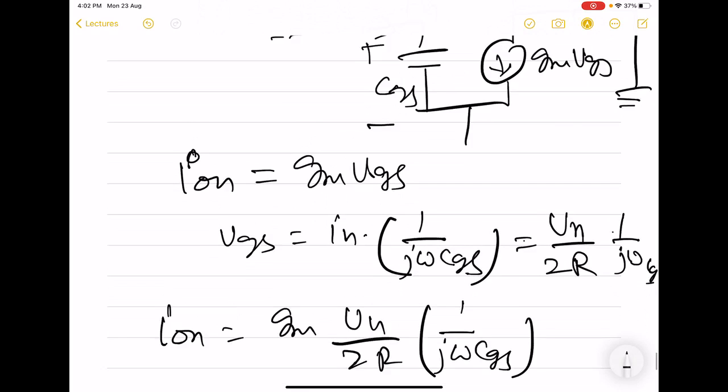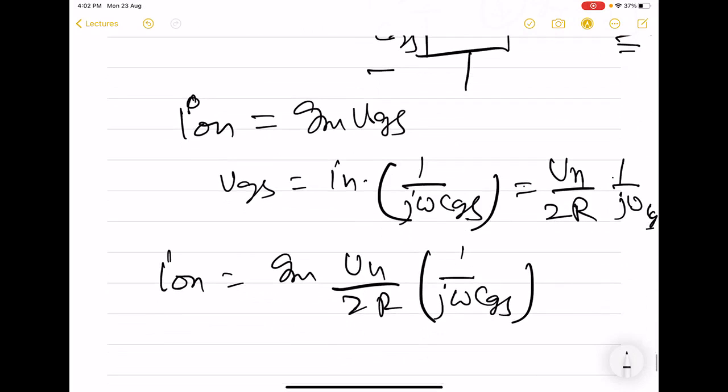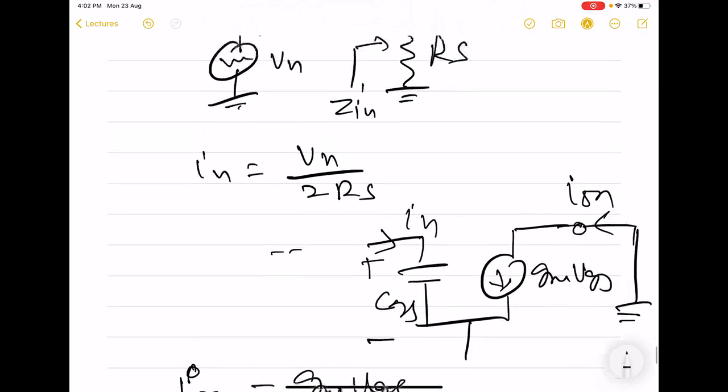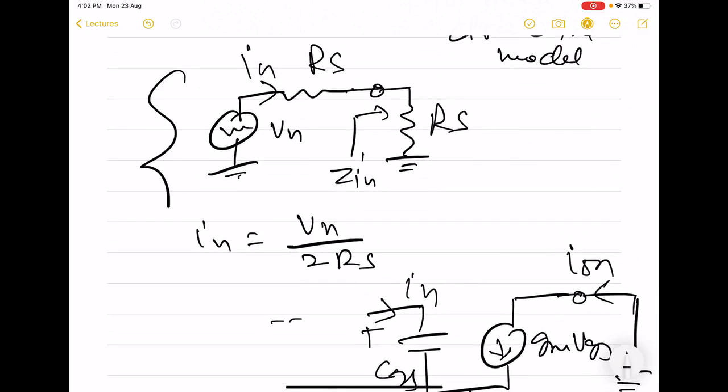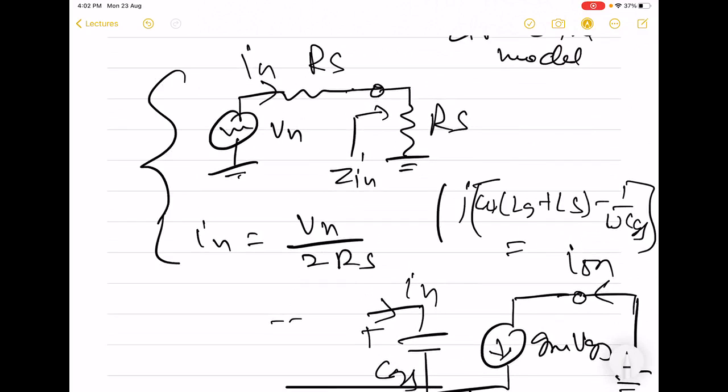This is how we could have arrived at ION, and the main thing that helped in taking this shortcut is this observation, that j omega (Lg plus Ls) minus 1 by omega CGS is equal to 0.